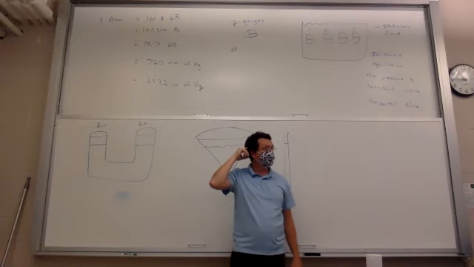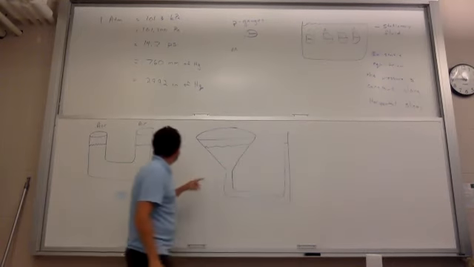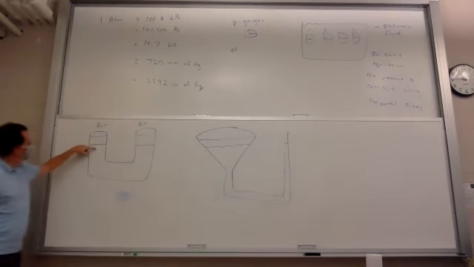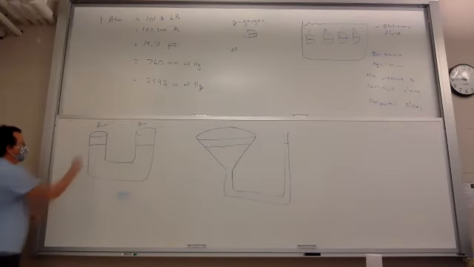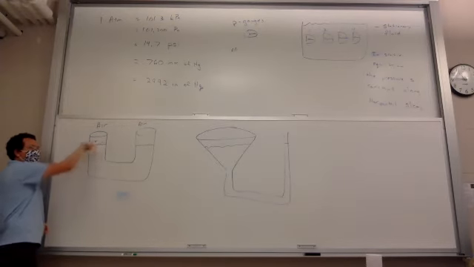Is the pressure going to be the same at all depths? So the pressure is going to change when you move up and down. But if you stand at one place and you look in different directions, but keep the depth the same, the pressure is uniform.